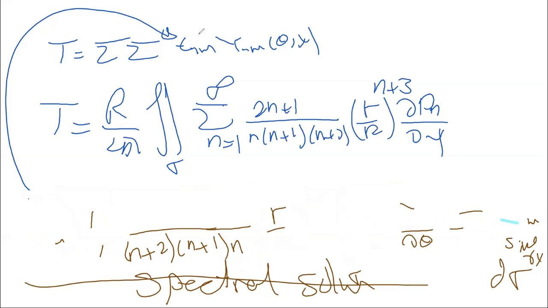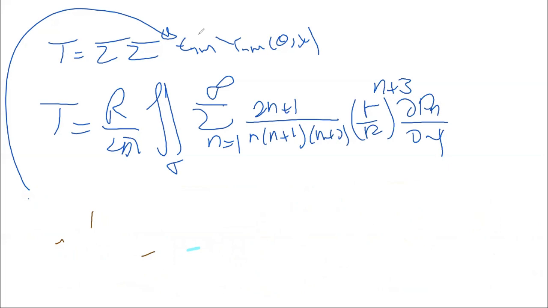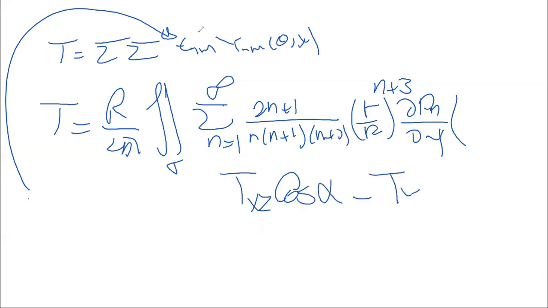If you remember the last lecture or previous lecture, I will write the rest here for you: Txz cosine alpha minus Tyz sine alpha. That's the integral solution of this.